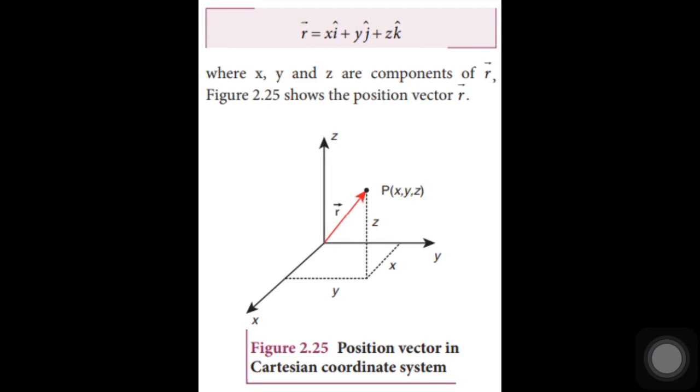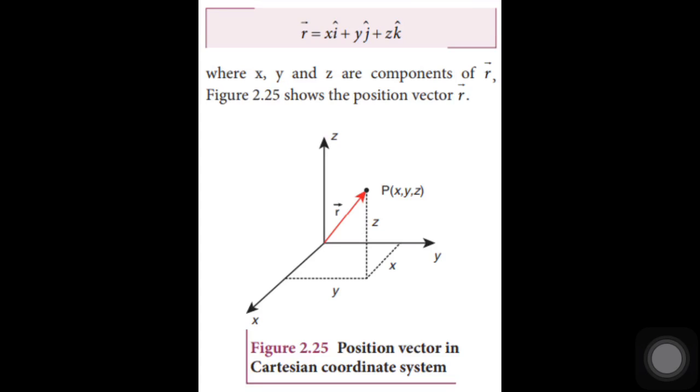From that meeting point O, the origin, to the point P, we draw a straight line and mark its direction from O to that point. That vector is known as the position vector of the point P.